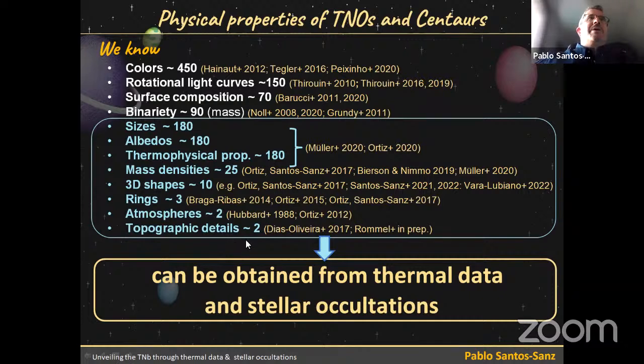Taking into account this around 4,000, there is a lot of things to learn about these objects. I'm very interested in these physical properties that are in blue in the slide: the sizes, albedos, thermophysical properties, mass densities, 3D shapes, the presence or not of rings, atmospheres, and topographic details. We can obtain this information in blue using thermal data and also using stellar occultations.